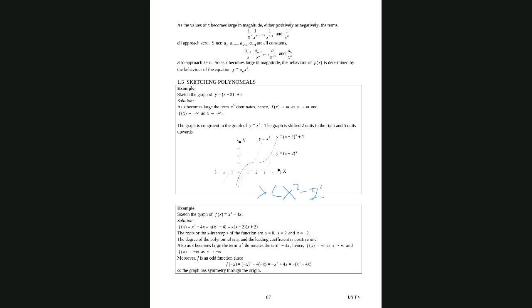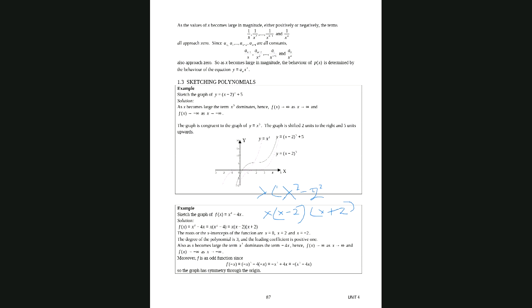Then here we get a difference of two squares: x minus 2 and x plus 2. So we can see that our roots will be x equals 0, x equals 2, and x equals minus 2.